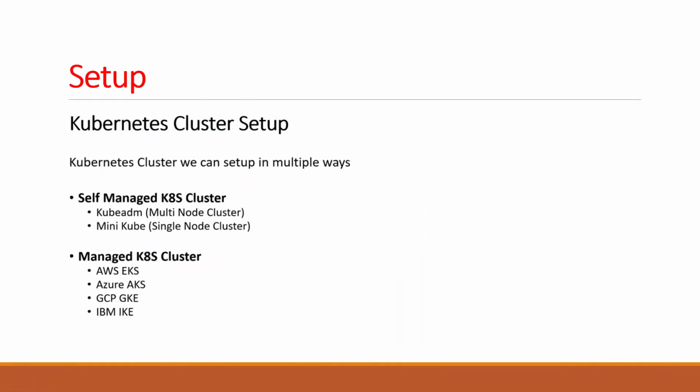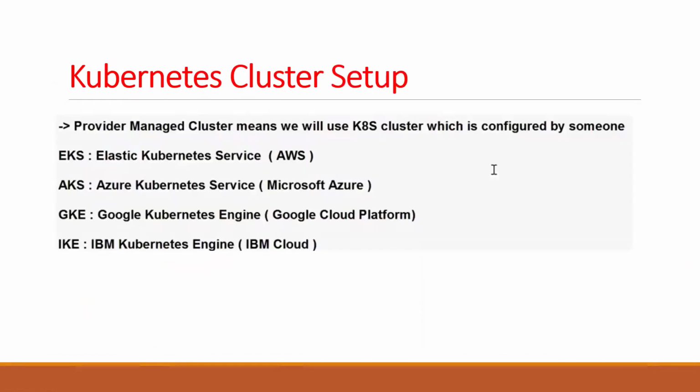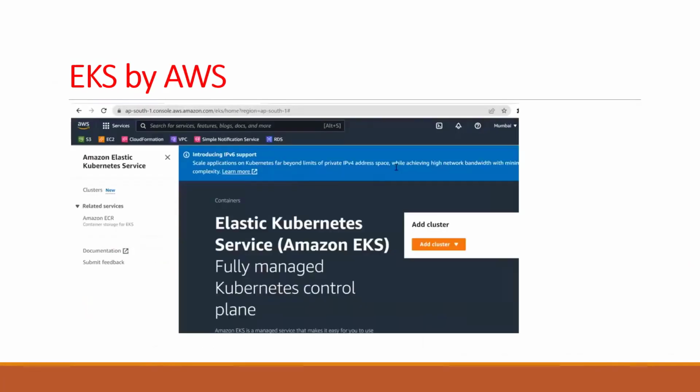So that is nothing but self managed. Provider managed cluster means we will use a Kubernetes cluster configured by someone: Elastic Kubernetes Service, Azure Kubernetes Service, Google Kubernetes Engine, Oracle Kubernetes Engine, IBM Kubernetes Engine. We can use it.